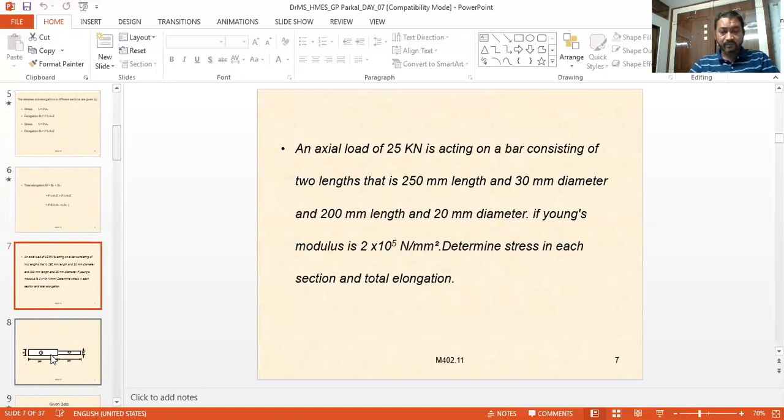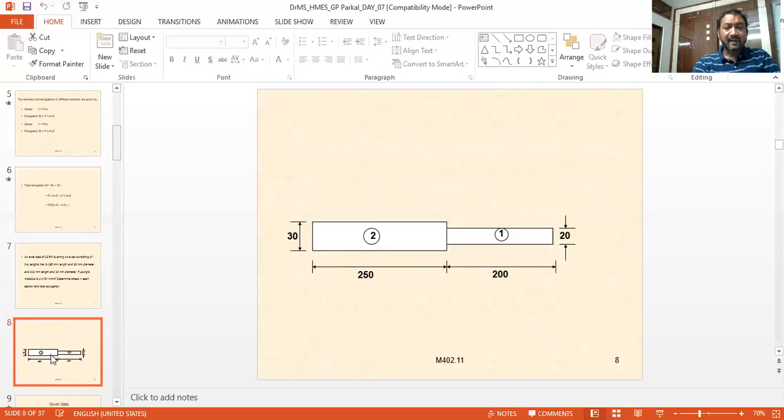So here, a bar is subjected to an axial load, and this bar has two sections, section 1 and section 2, and the E value is given. Then we are supposed to find out the stresses, that is F1 and F2, and also the total elongation, that is delta. It is nothing but the delta L1 and delta L2.